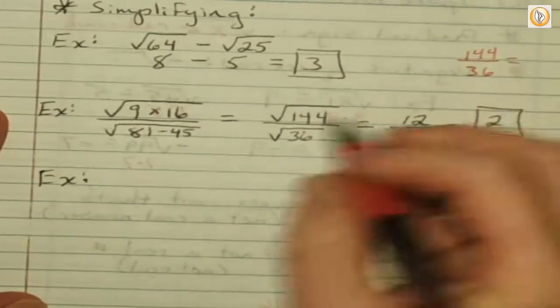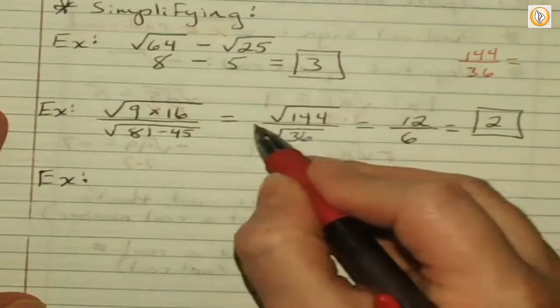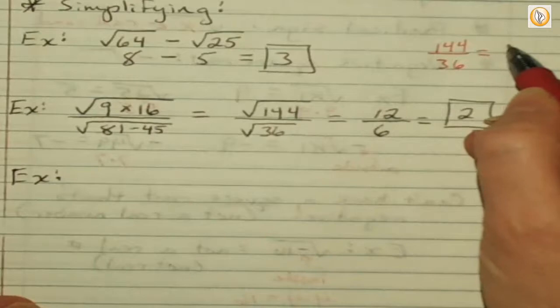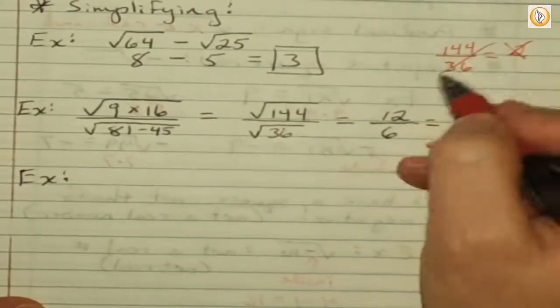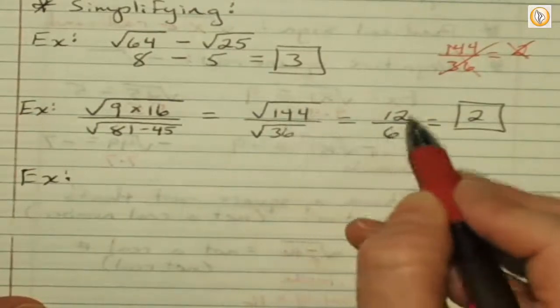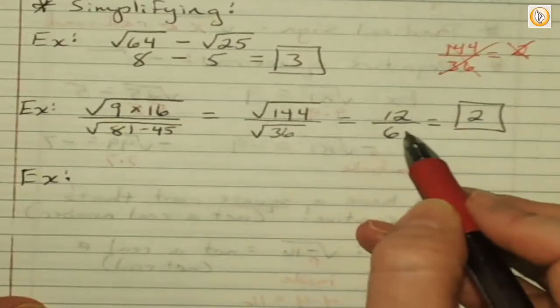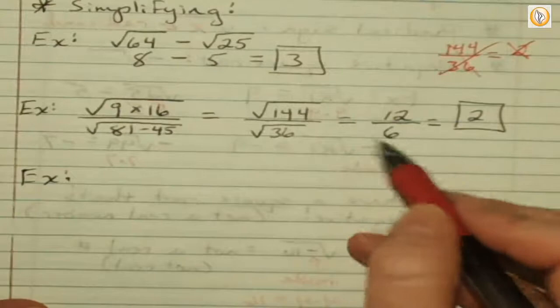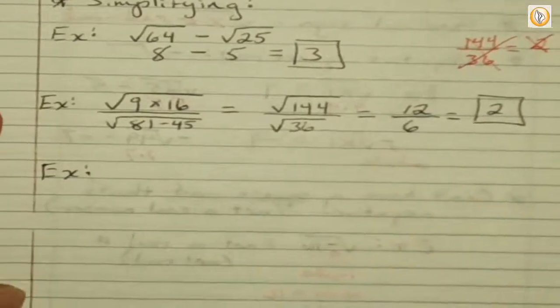Even reducing it, you would not get 2. You would get something weird. So you must go through the steps of taking it out of the square root and then reducing it. It could be 2 over 1 or 3 over 2 or something like that. So basically all you're doing is simplifying the fraction.